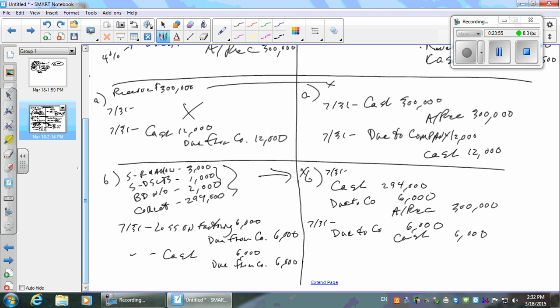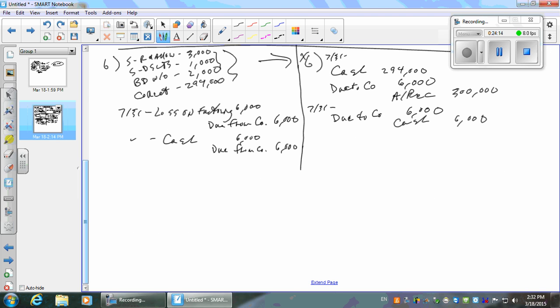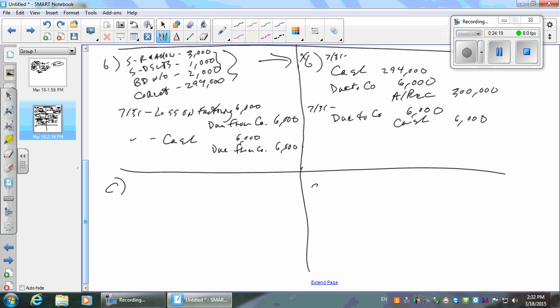Okay, so let's say, now this is without recourse. Now we've had all 300 come in. We had 294 come in. Let's say we only get 270. So this is scenario C. Between sales returns and allowances, sales discounts, and bad debts, right?